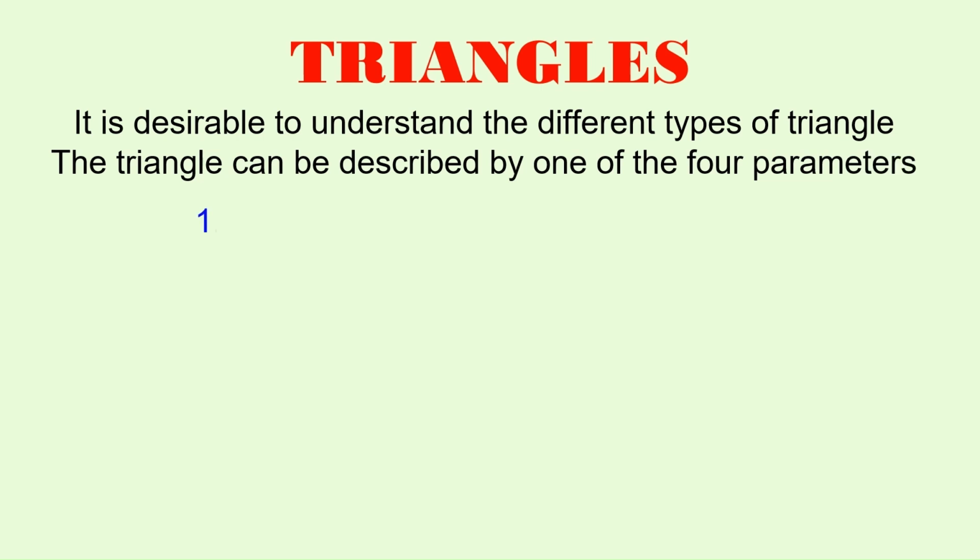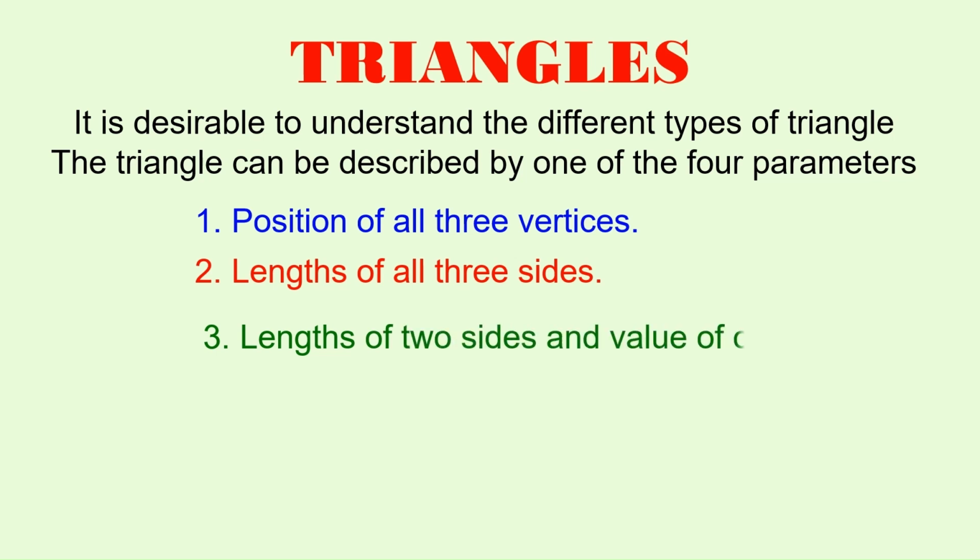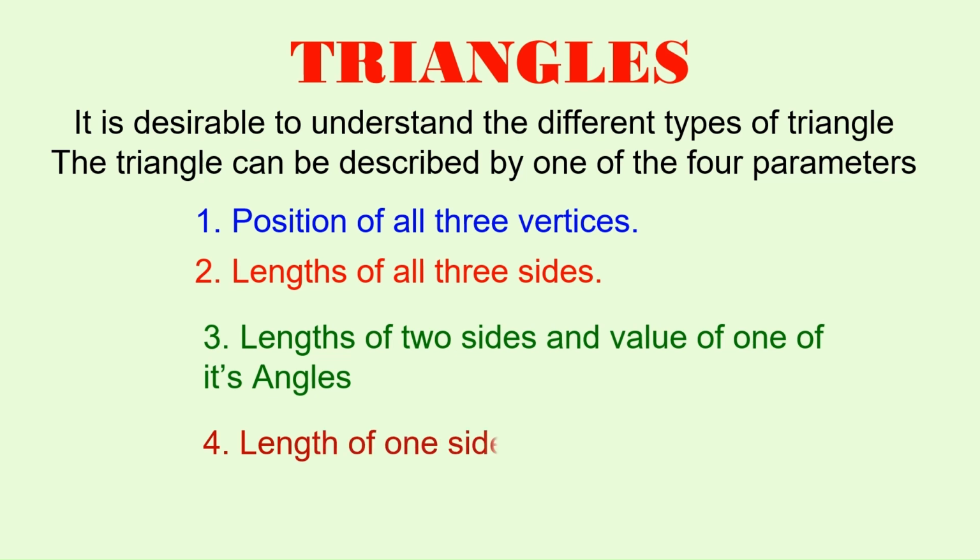Number 1. Position of all three vertices. Number 2. Lengths of all three sides. Number 3. Lengths of two sides and value of one of its angles. Number 4. Length of one side and values of two angles.